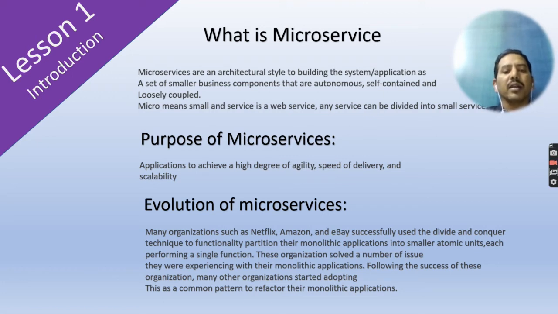All the organizations started because of the beauty of microservices: they are making complicated services into small services, and even if one service is down, the rest of the application will function well. Whereas in monolithic applications or existing services, if one service is down, the entire application will be down. So that is the main difference.